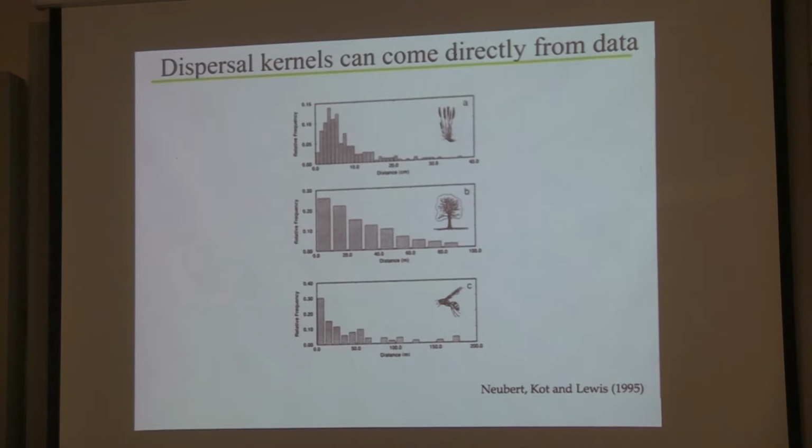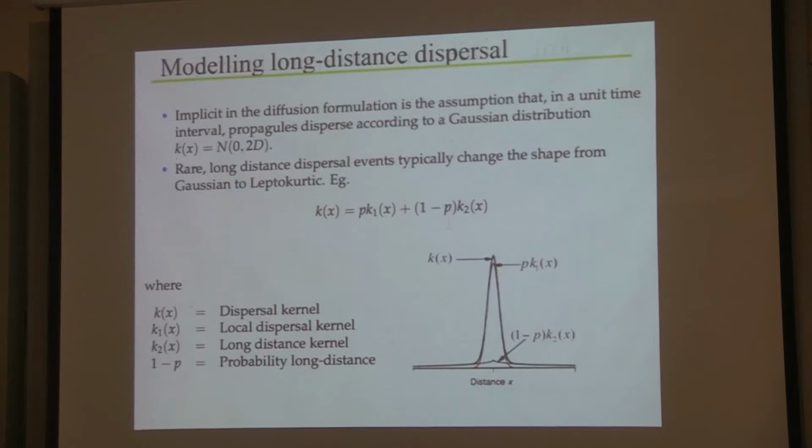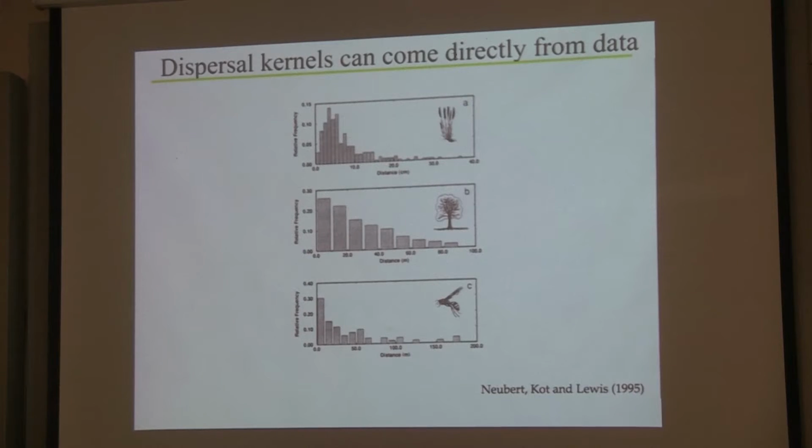For any species, people often collect data with things like seed traps. Sorry, Mark. On that data, is there a time scale involved here? Yeah, this is over a single season, essentially a year, a dispersal season.